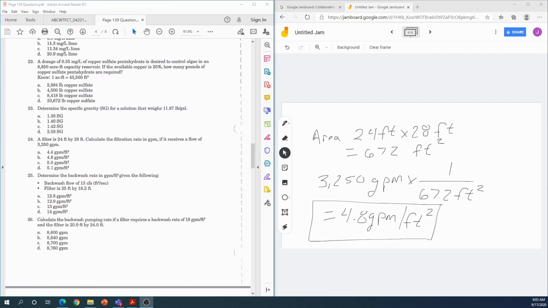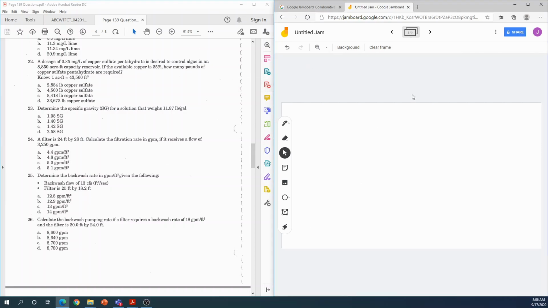So number 25 is a similar problem. Determine the backwash rate in gallons per minute per square foot, given the following. Our backwash flow is 13 cubic feet per second, and our filter is 25 by 18.2. So again, let's start by calculating our filter area.